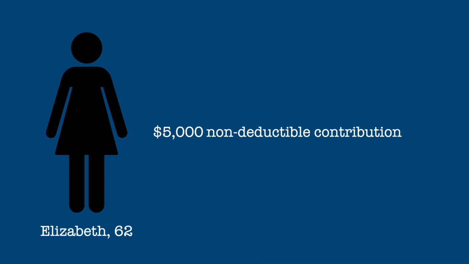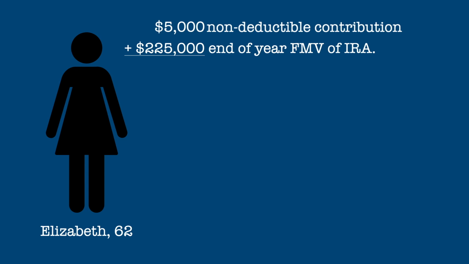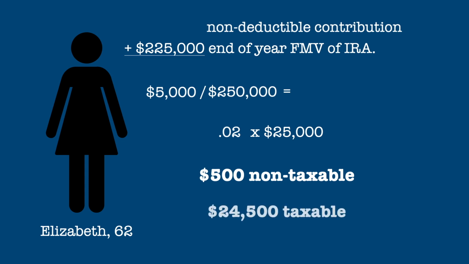First, she adds the distribution to the fair market value, resulting in $250,000. She then divides the $5,000 basis by the $250,000, resulting in 0.02. She then multiplies her whole distribution by this fraction to get the non-taxable portion of her distribution, which is $500, and the taxable portion of her distribution of $24,500.